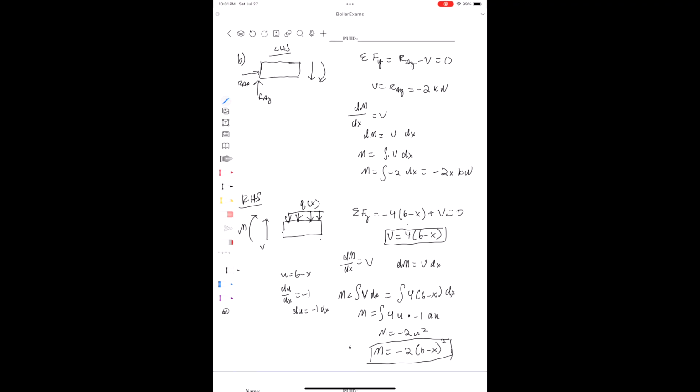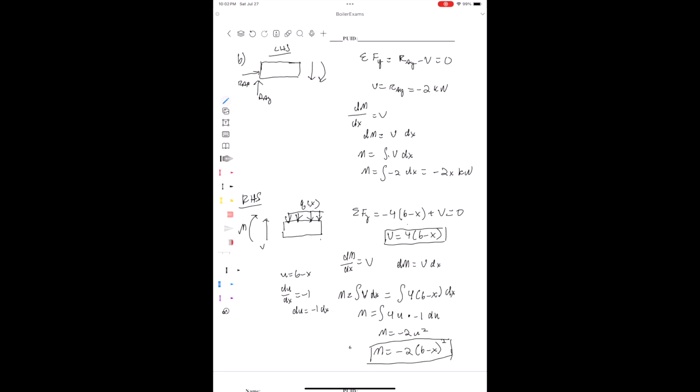And I don't know, maybe I'm not doing a very good job of explaining why this has to stay together, but it does. Maybe think of it this way: because you're starting from the L equals 6 end of the beam, any unit of length you take is going to have to be subtracted from that 6. If you think about how you generally solve for a moment, it's the force times the distance from whatever point you're taking your moment about.